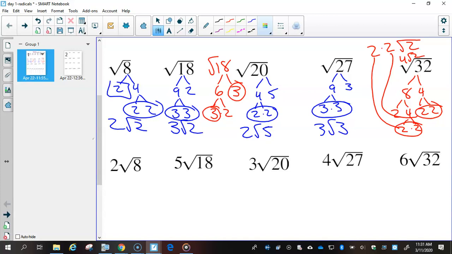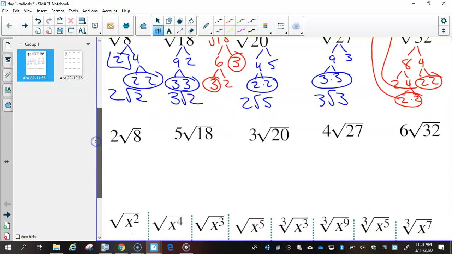Now, these didn't have numbers outside of them. I'm going to do one of these 2 different ways. Let's pretend this 2 isn't here for a second. Just focus on the square root of 8. Now we just did this, so we know the answer we should get, but let's do it again. We know we can break this down to 4 and 2.